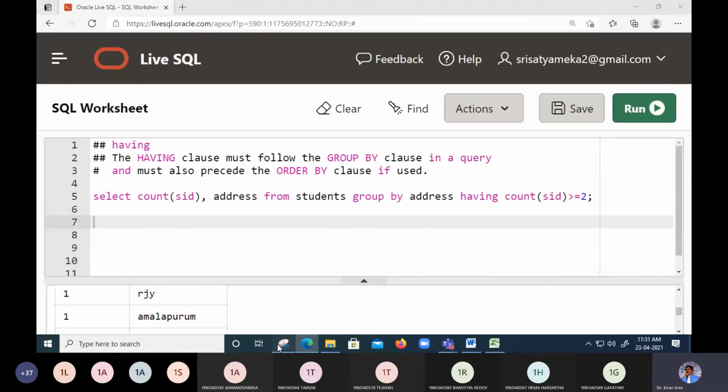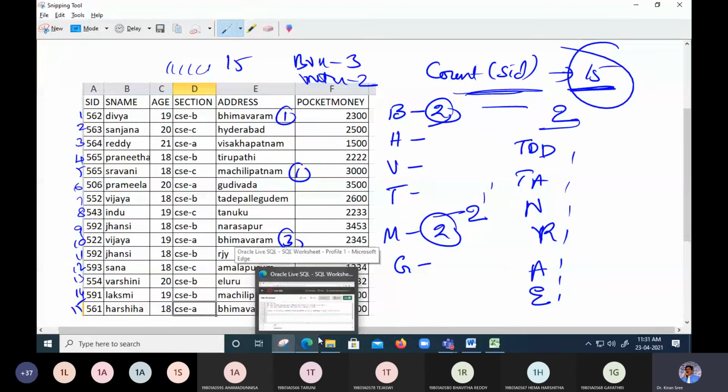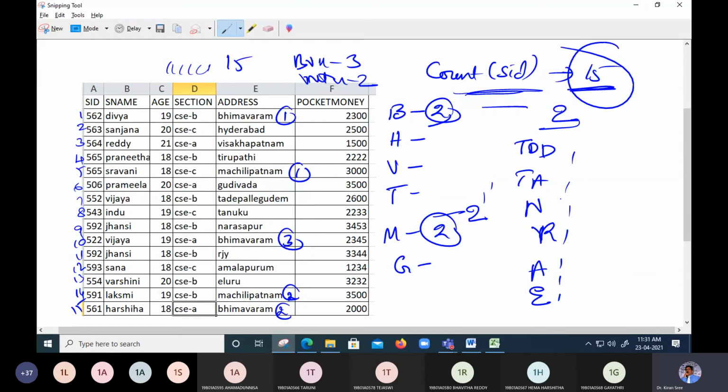Now we can see this window. How many are greater than or equal to 2? Only the people living in Bhimavaram and only the people living in Machilipatnam are going to have a count greater than or equal to 2. That means we have 15 records.